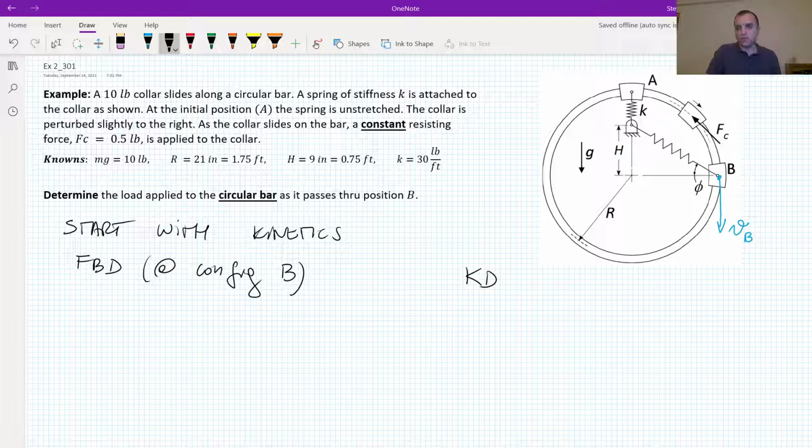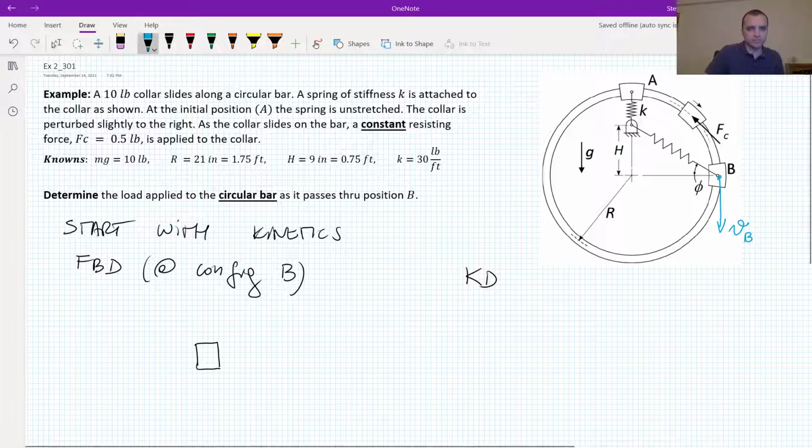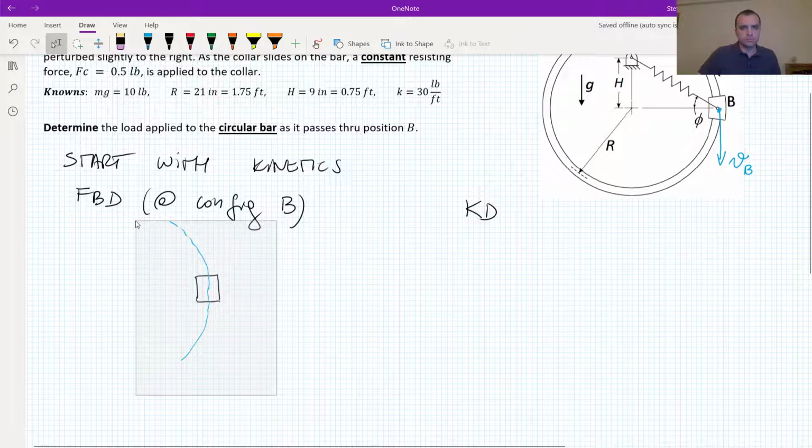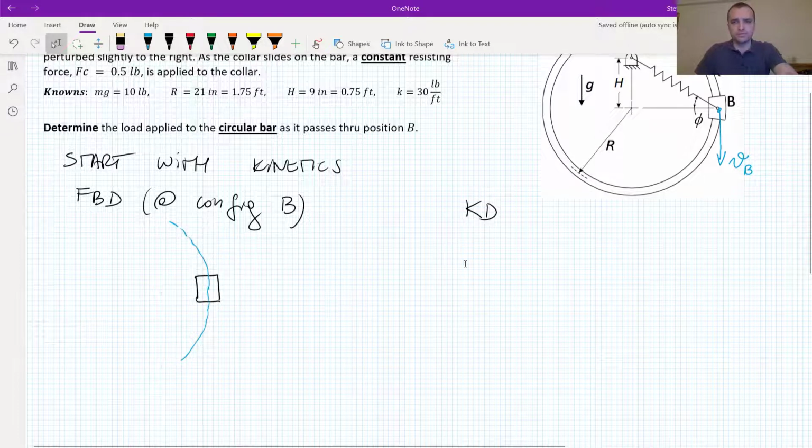By configuration B, I mean, of course, this configuration. So this is our particle, and this is our trajectory. Let me copy it here.